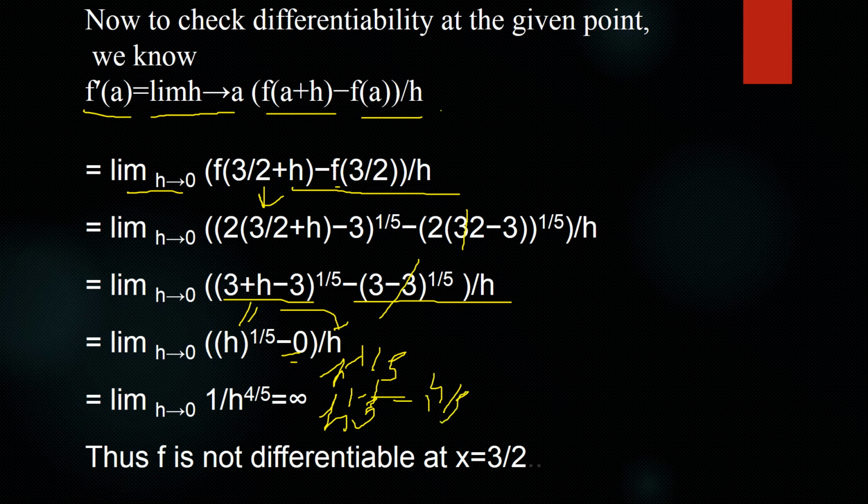So we get 1 upon h power 4 by 5, and h tends to 0, so it becomes 1 by 0, which is equal to infinity. So the function is not differentiable at x equals to 3 by 2, because the limit must be finite at the given point, but here it is infinite, so the function is not differentiable.